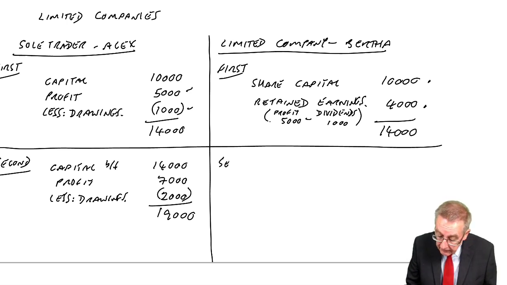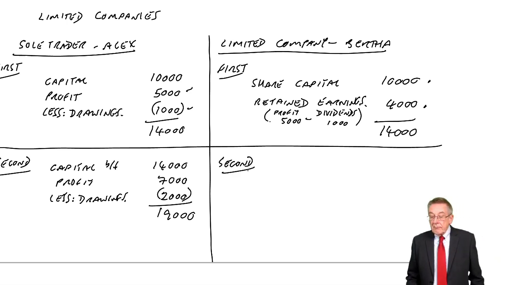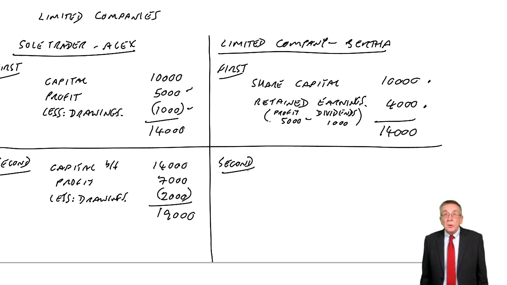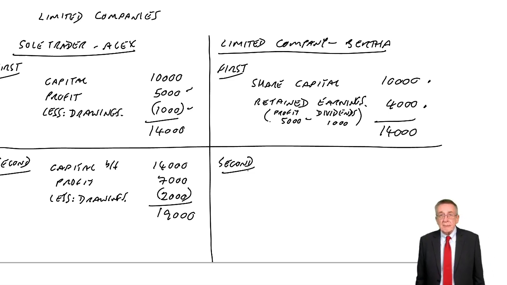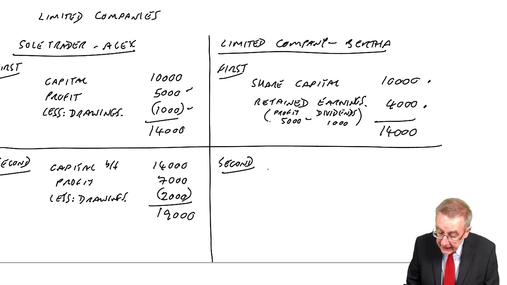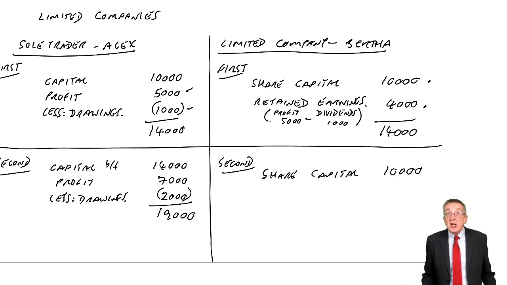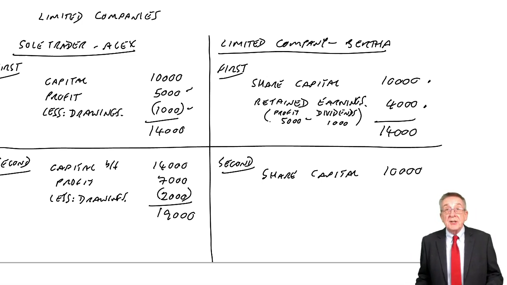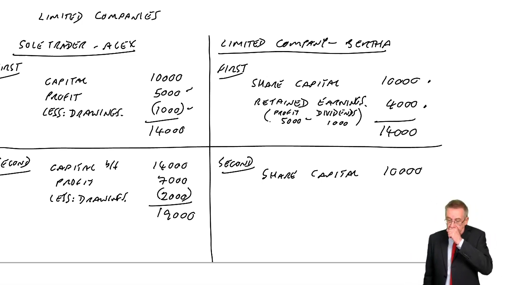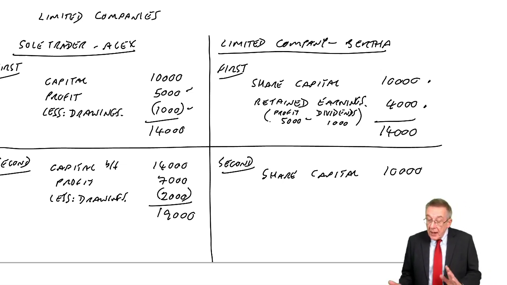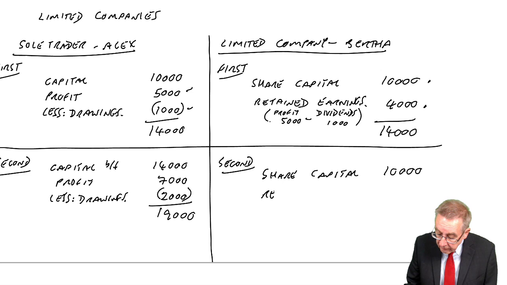For a limited company, two things. First of all, the share capital, the original capital paid in, we always leave separately and is unchanged. The share capital remains at 10,000. That will never change unless they issue more shares, but we're going to deal with that later. We show as a separate figure the total retained earnings.